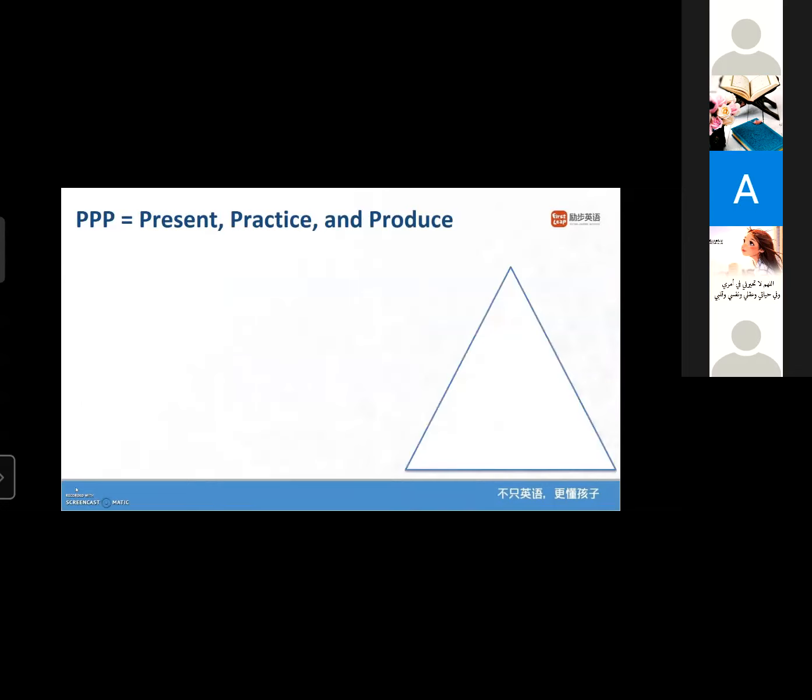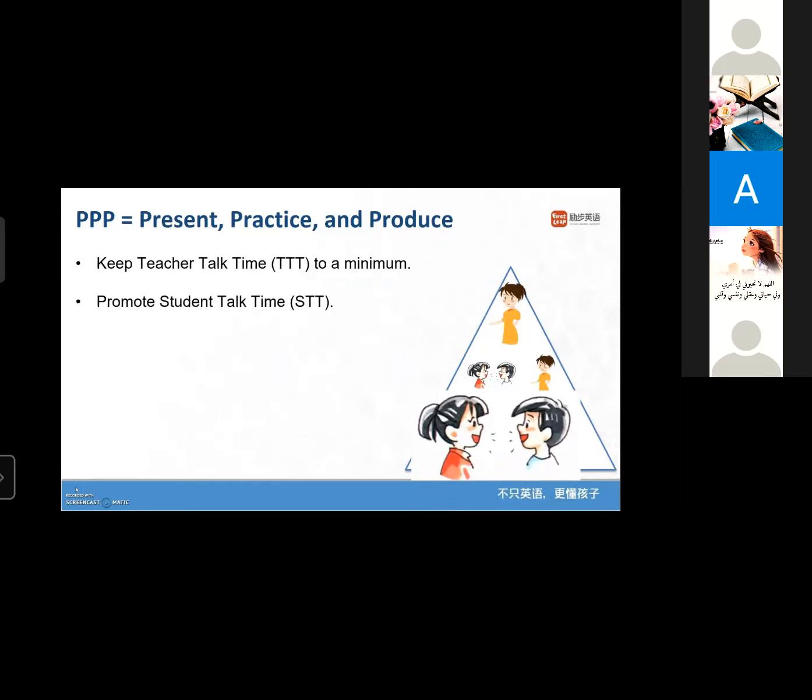One resource discussing PPP shows it as a triangle to emphasize change from the teacher speaking the most during presentation, as indicated in the upper part of the triangle, to the teacher offering guidance during practice, but also providing plenty of opportunity for students to engage in speaking, as shown in the middle part of the triangle, to then the students doing most of the talking to produce the language, with the teacher only speaking when necessary, as depicted in the lower part of the triangle. This emphasizes one of the goals of PPP, to reduce teacher talk time and increase student talk time.